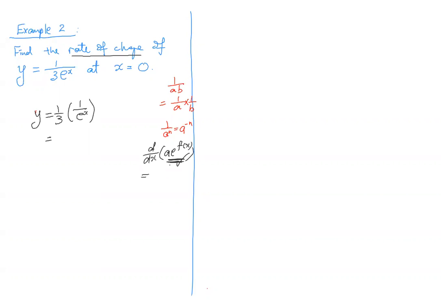So how to write this in this form? How to rewrite this? You see, I gave you already. Oh, yeah, e to the power negative x.